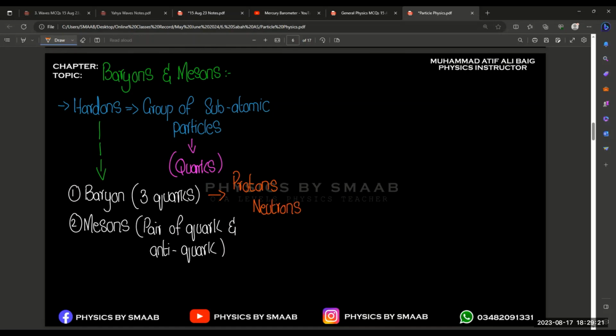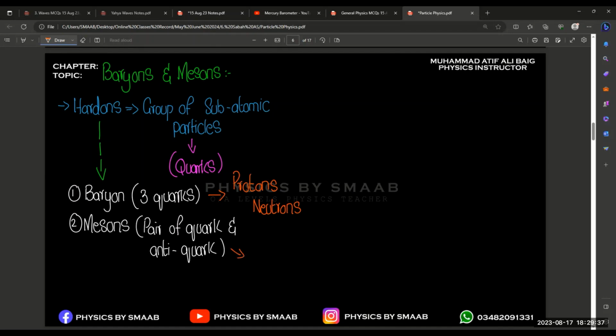So proton and neutron are the examples of baryon that work actually with three quarks. And if we talk about the pair of one quark and one anti-quark, there are two more examples.